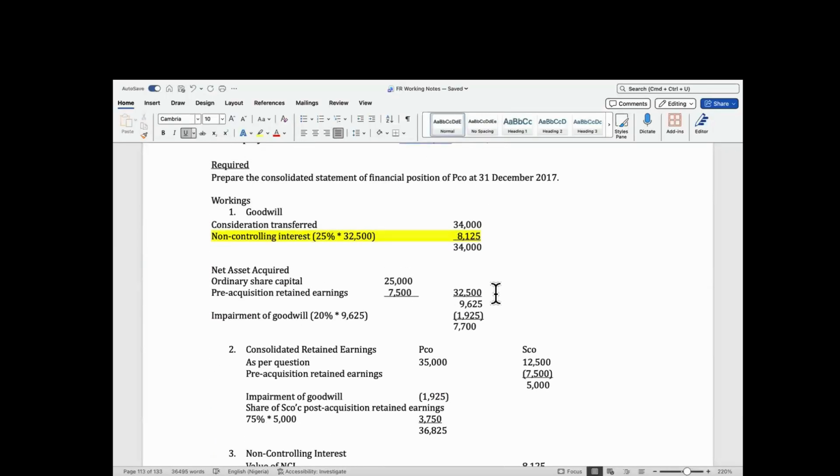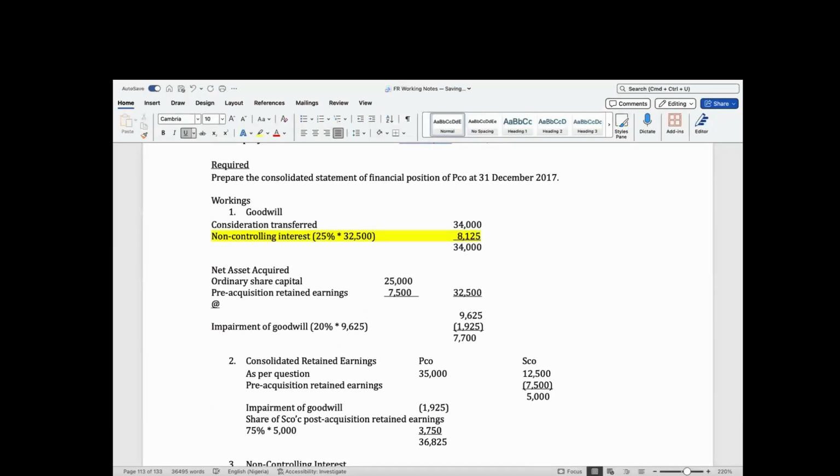So I will have calculated net asset at 75%: 75% times 32.5. So instead of cancelling out against this entire 32.5, I will just do 75% of 32.5. Anybody? 24,375.